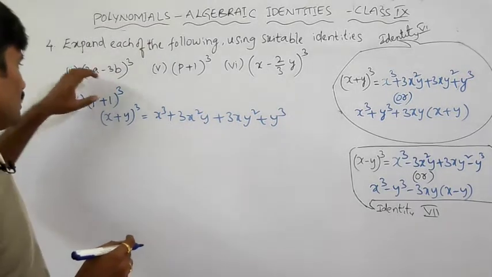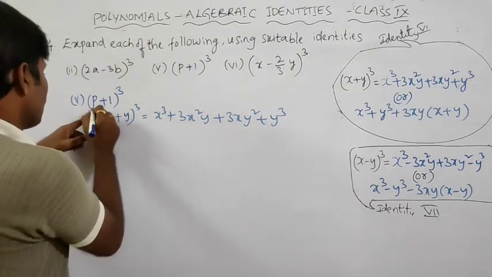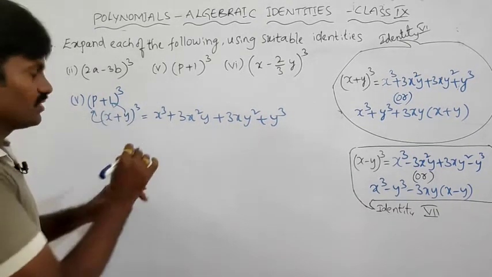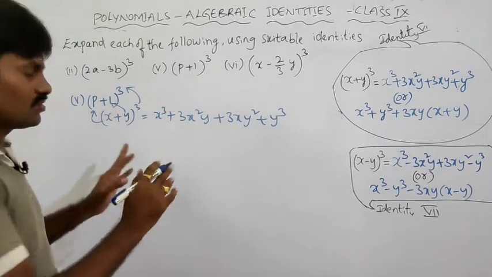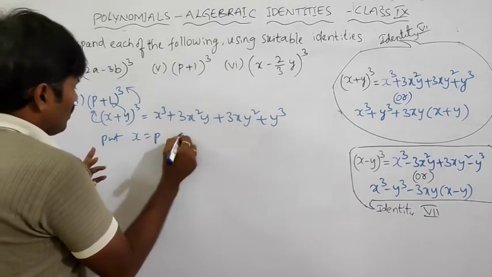Now compare this (p plus 1) whole cube with this identity. In place of x here is p, in place of y here is 1, plus matched, and the power is also 3, same or not. So here x is equal to p and y is equal to 1.